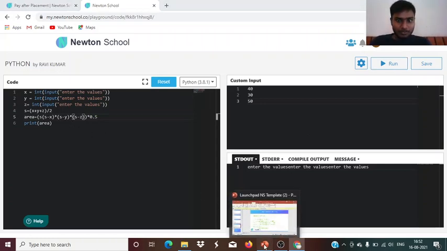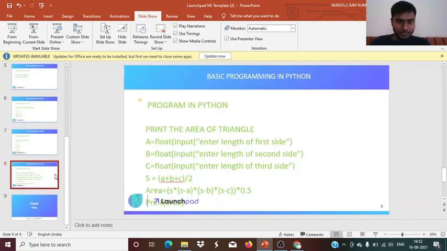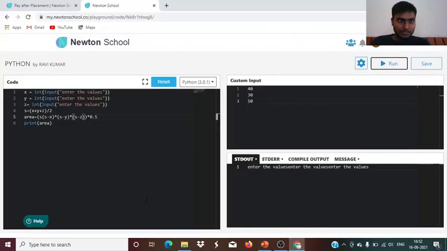Yeah, we got an error here. We fix it to S minus x. Now it's printed. The value is the area of the triangle with these three sides.